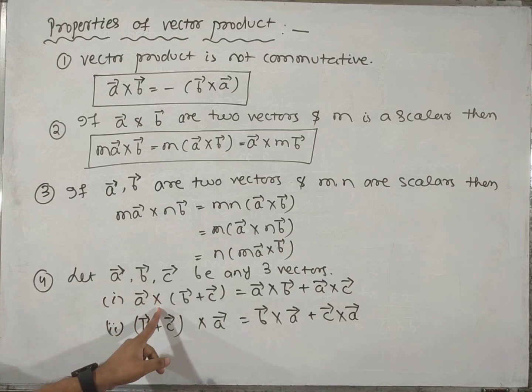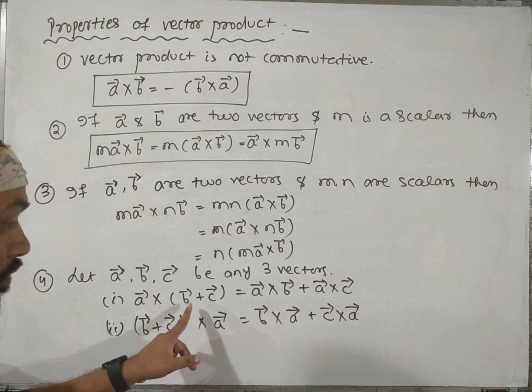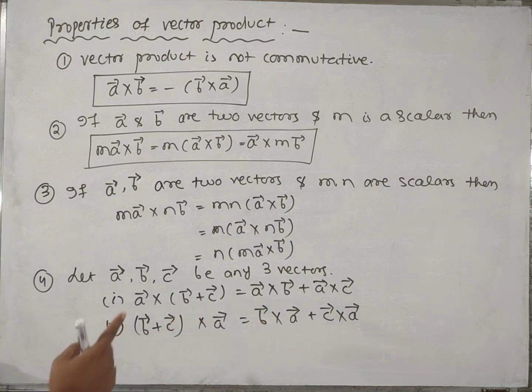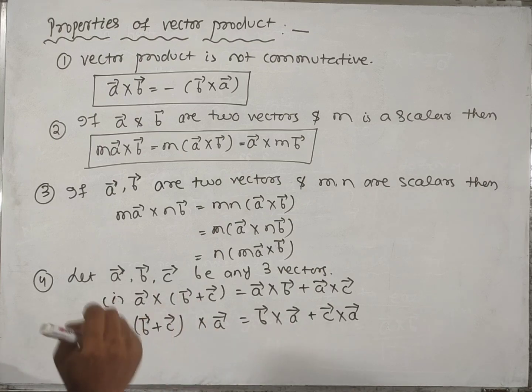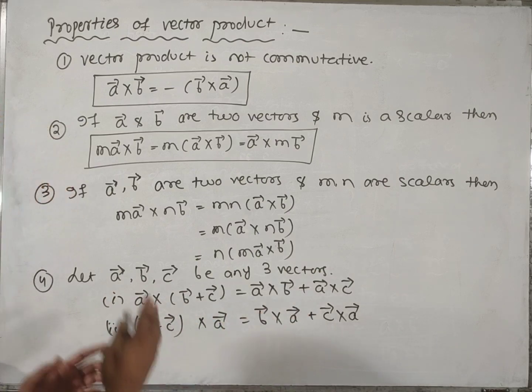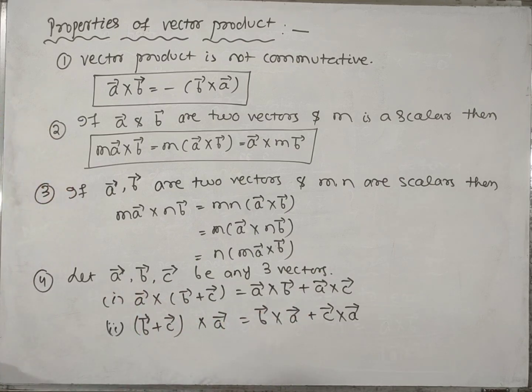A vector product with the sum of b vector plus c vector, and the second one is the sum of b vector and c vector and its cross product with a vector, and the results are here, and you have to remember all these properties. Then there are another three properties, and we have to discuss them.